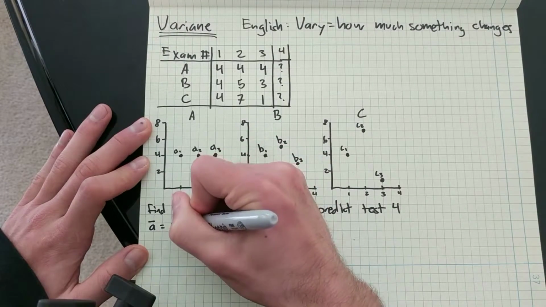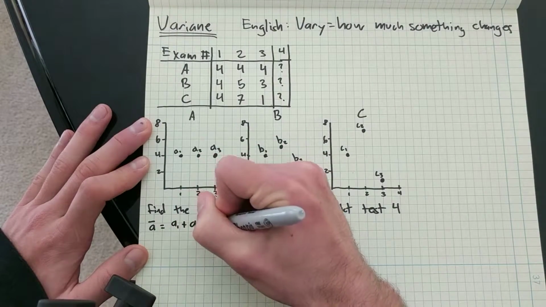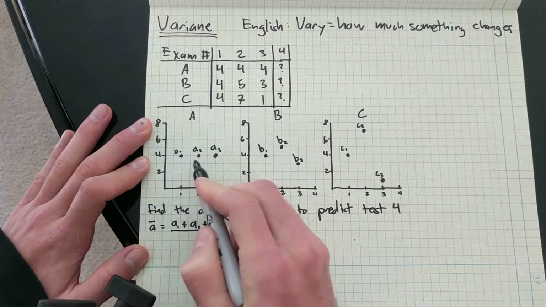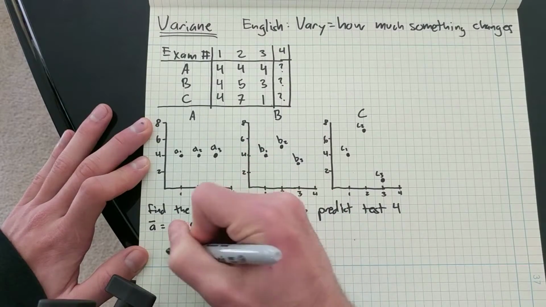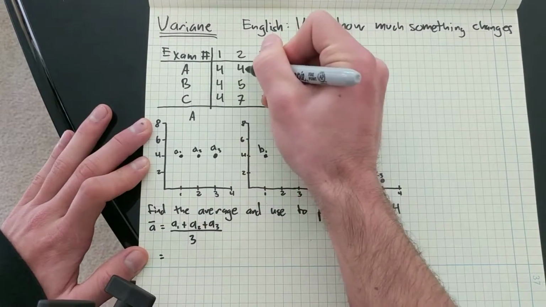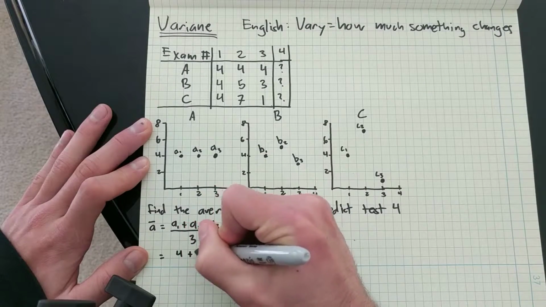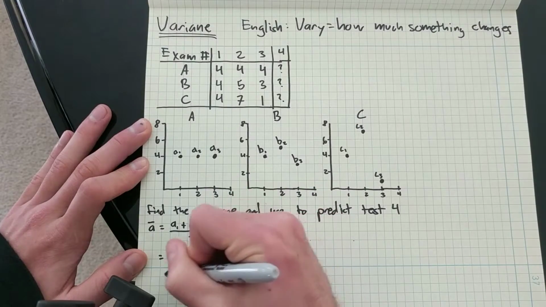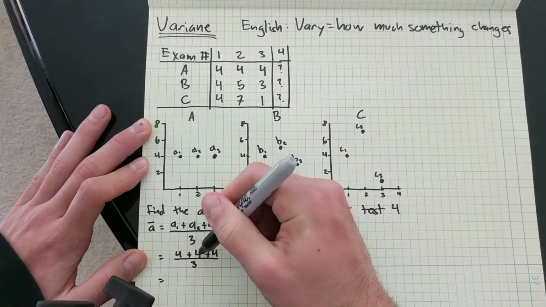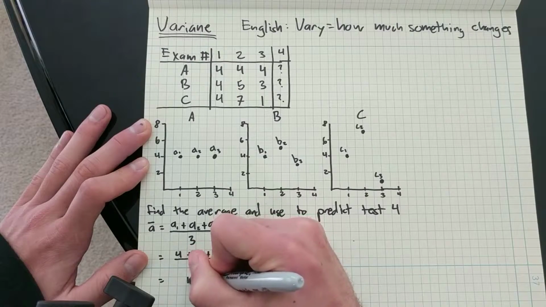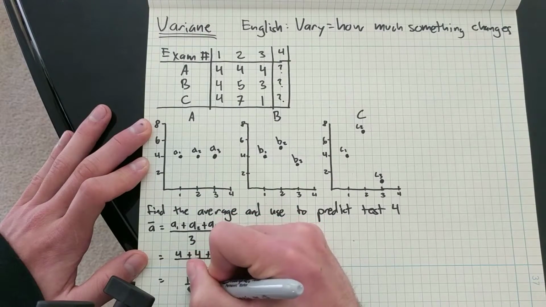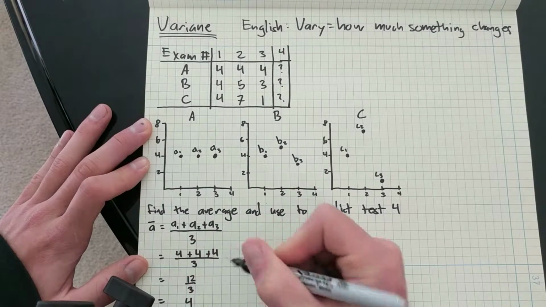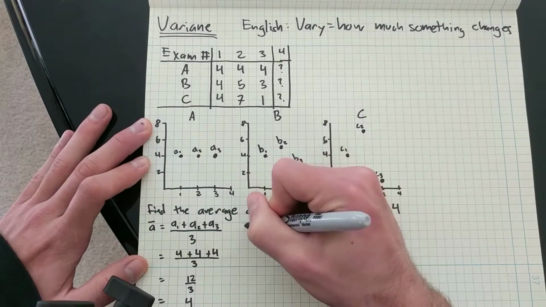So it's going to be A1 plus A2 plus A3 over how many there are, 3. This equals 4 plus 4 plus 4 divided by 3, which equals 12 divided by 3, which equals 4. So the average of A is 4.